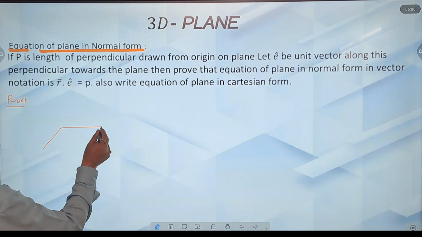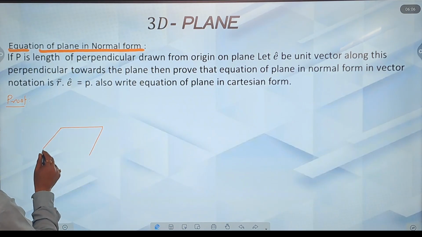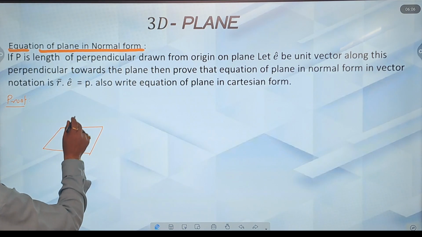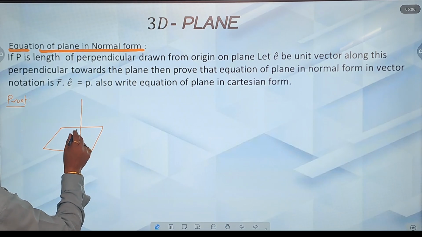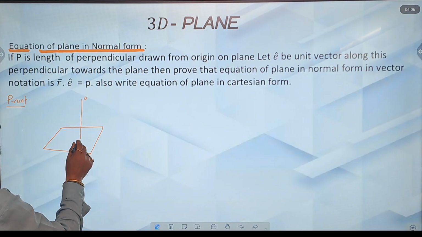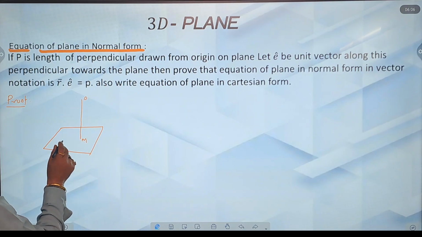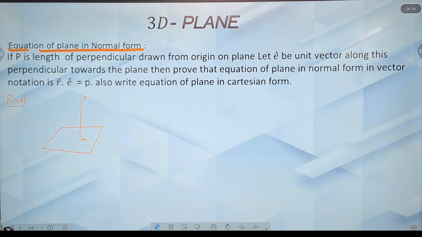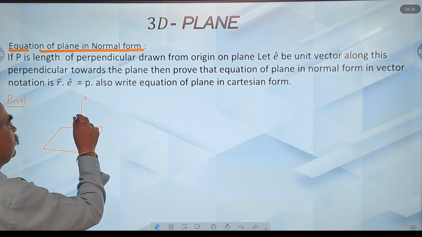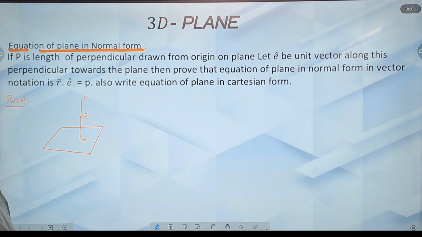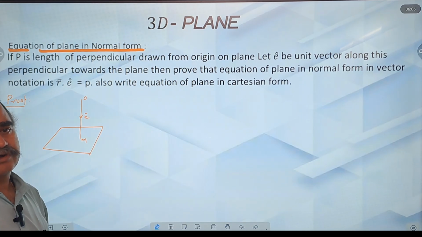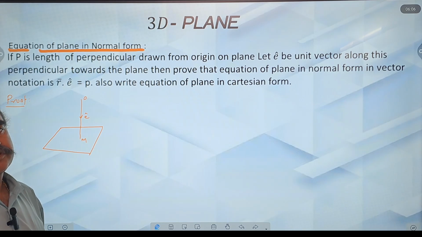This is the plane. From origin we are drawing a perpendicular on this plane, OM. Now all of you know the length OM is given to be P and the unit vector along this is what? E cap. All of you know that plane is a locus, and to find the equation of a locus we take one point on it.